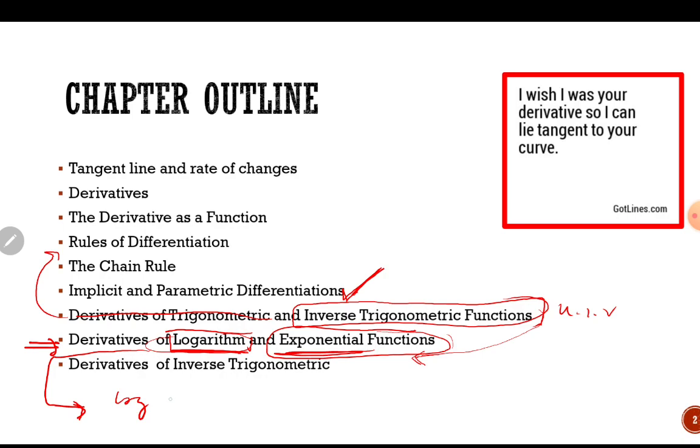For example, log b base a is equal to x.